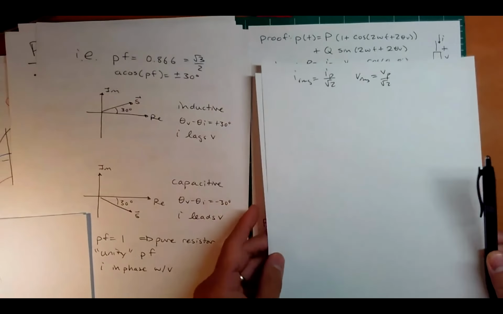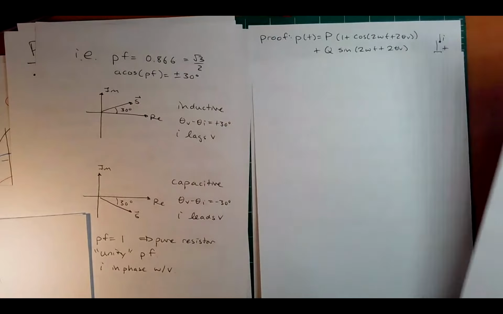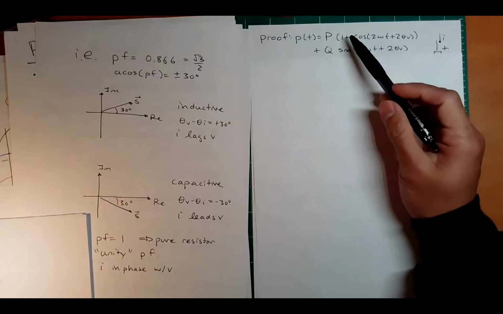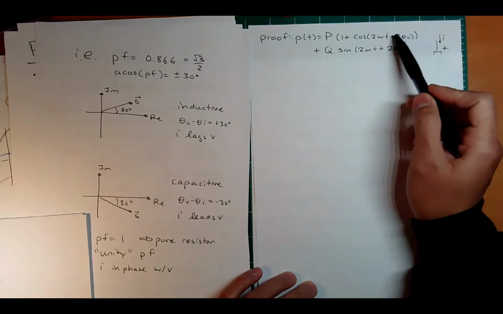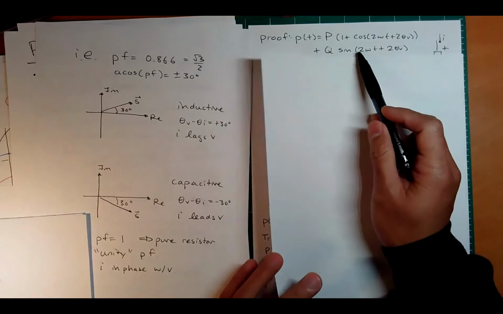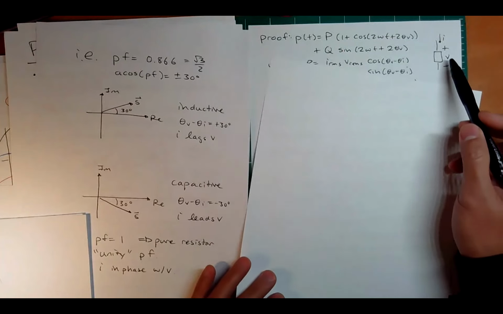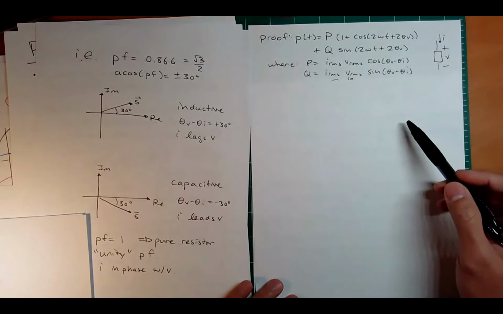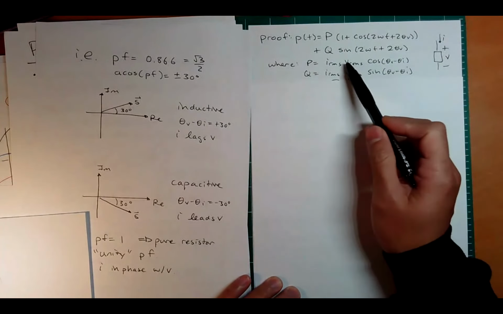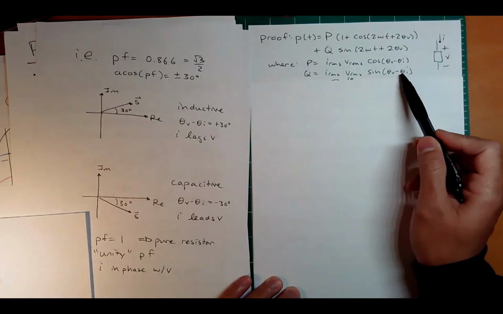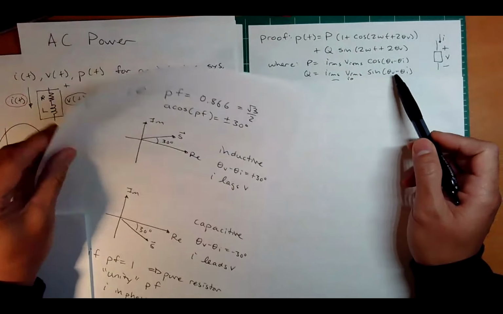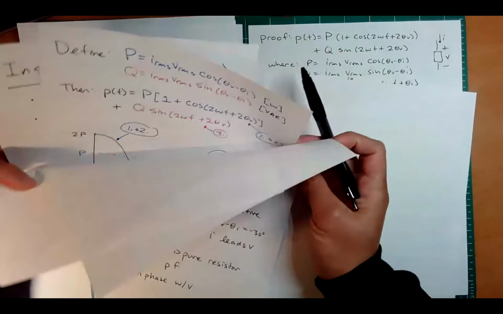We have the instantaneous power, which we said is equal to the three terms: 1 plus cosine of 2 omega t plus 2 theta v, plus Q sine of 2 omega t plus 2 theta v. We're talking about this element. And P and Q we already defined: P is VRMS IRMS cosine of theta V minus theta I, and Q is VRMS IRMS sine of theta V minus theta I. All right, good. And so what can we do here?